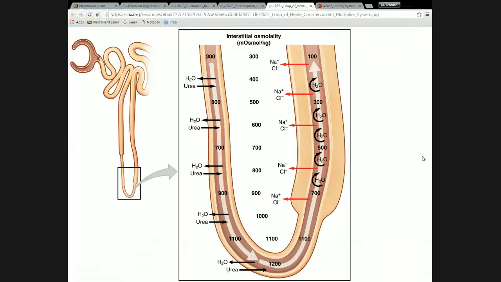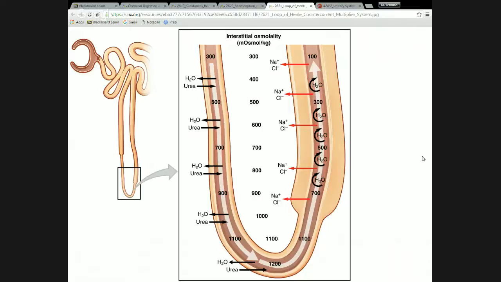So as it goes up, to maintain the concentration of the fluid here, instead the filtrate in the loop gets less concentrated by expelling sodium chloride for the most part. So all in all, it becomes a more and more dilute solution as it goes back up, but it's specifically getting rid of sodium chloride, so what's left are all the waste molecules in an increasingly more dilute solution.